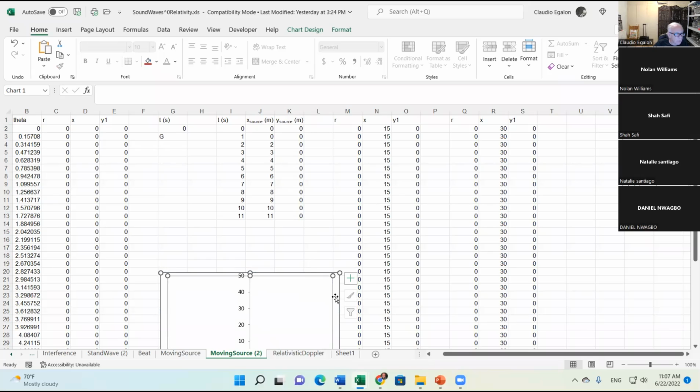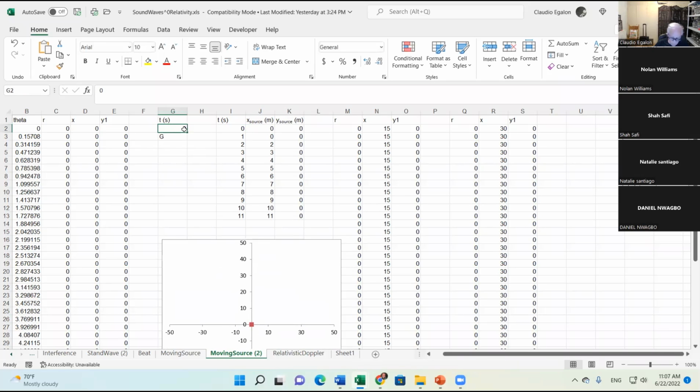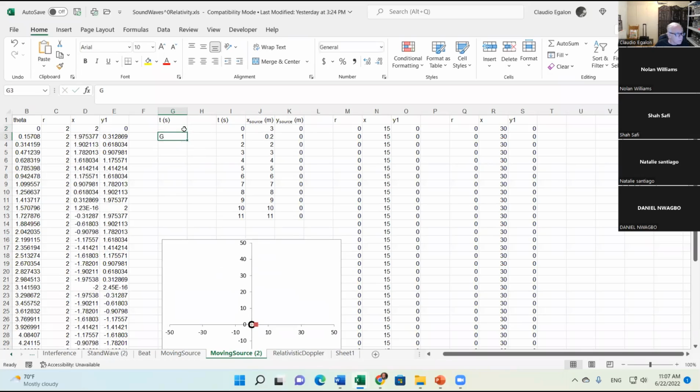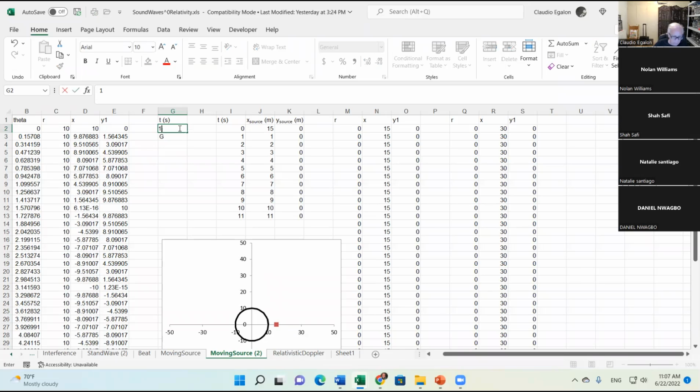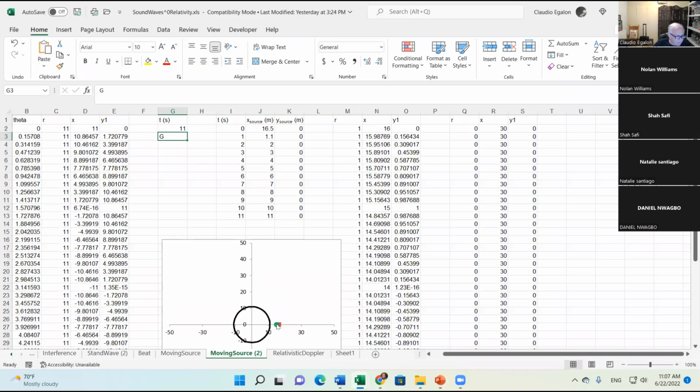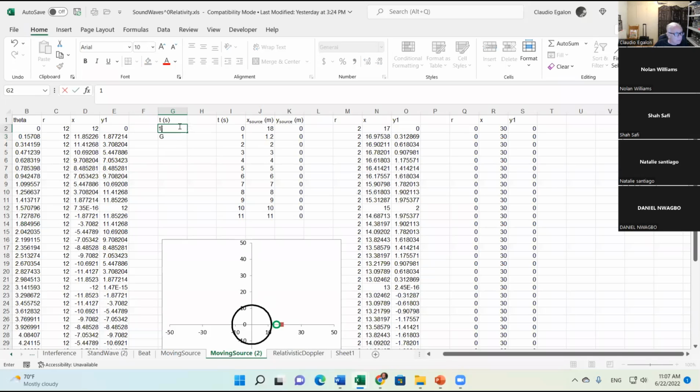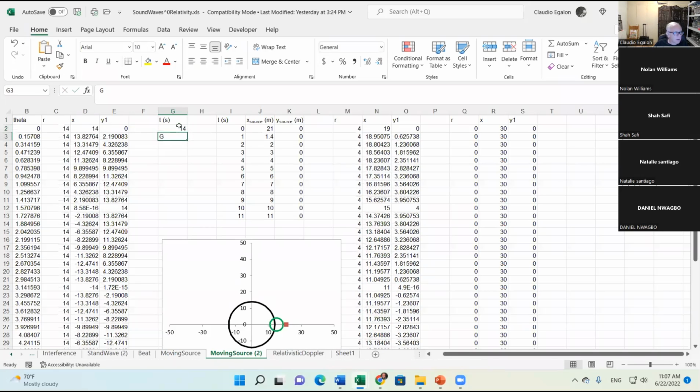So let's run the simulation. 1, 2, 3, 4, 5, 6, 7, 8, 9, 10, right? See, the source is flying faster than the sound itself. And now it's emitting the second wave. See that? 11, 12, 13, 14, 15, and so on.